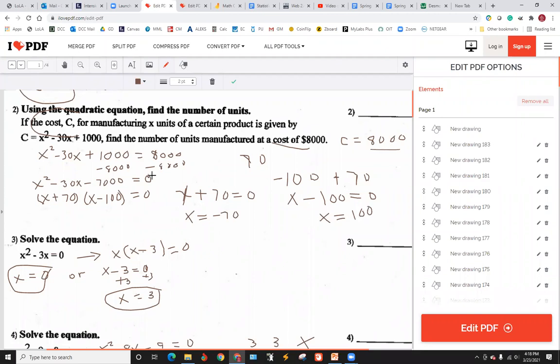All right. So we're talking about number of units that can't be negative. So here's our solution right there. So 100 units brings a cost of $8,000.